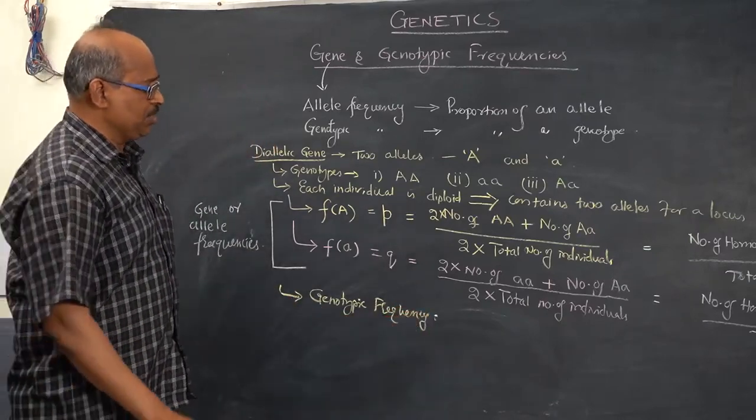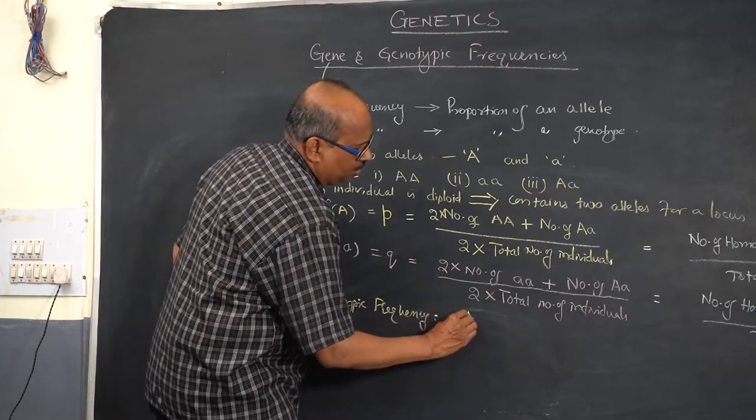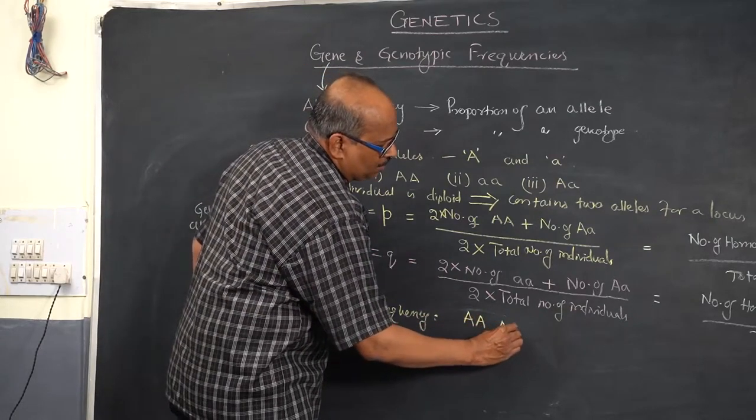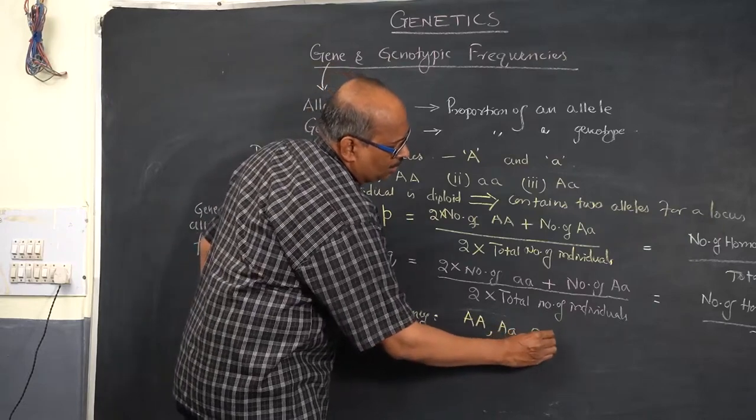So we need three genotypes: capital A capital A, capital A small a, and small a small a.